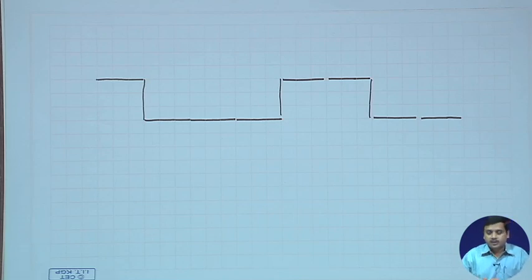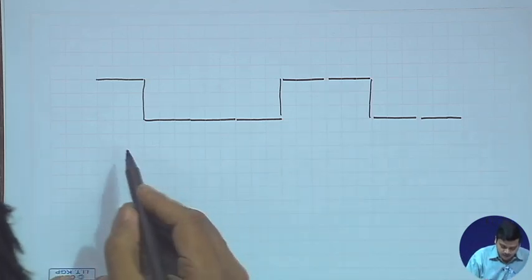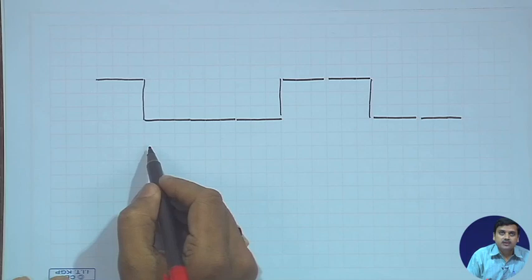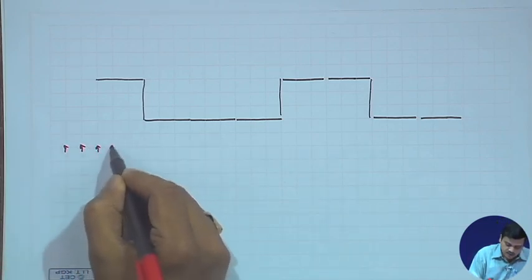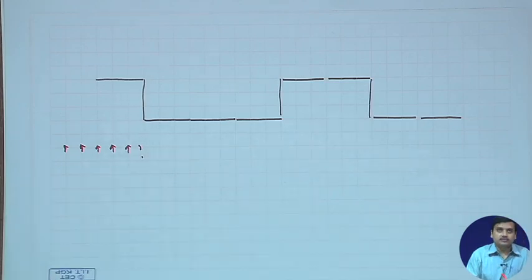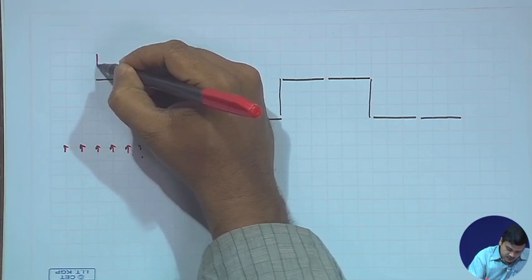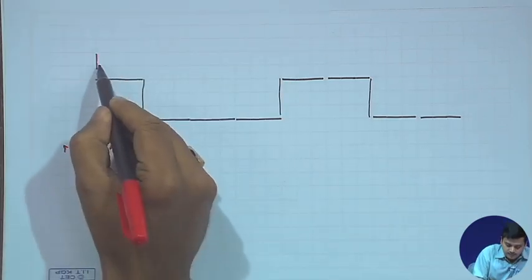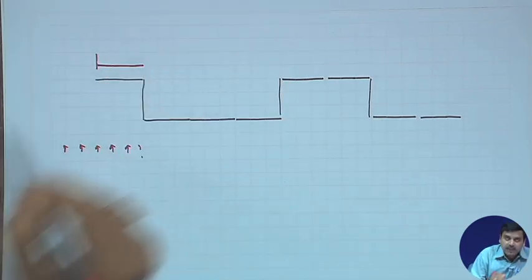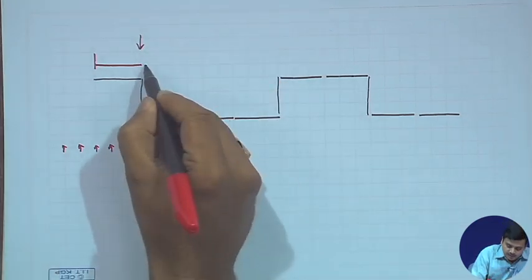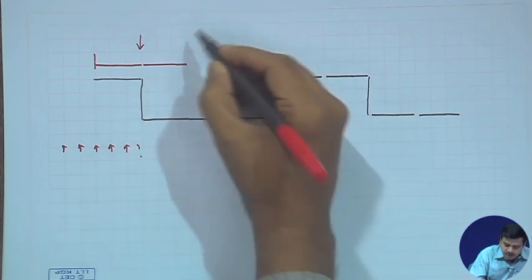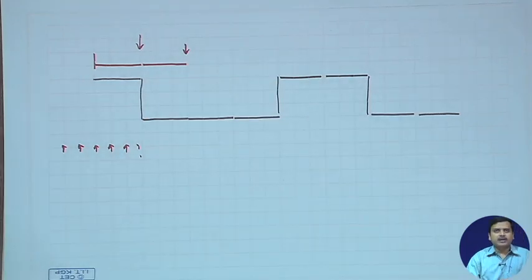The receiver starts. First question, when does the receiver start? Does it start here? Does it start here? Does it start here, here or here is the question. So, if the receiver starts here, then it would measure a time T and it will sample at this instant of time. Again, it will measure a time T, it will sample at this instant of time, and everything is perfect and fine, there is no problem.